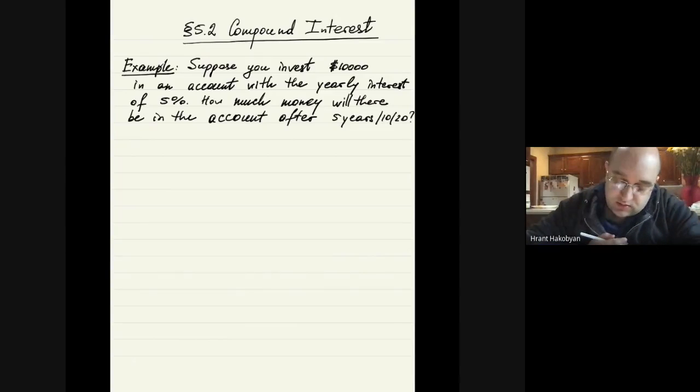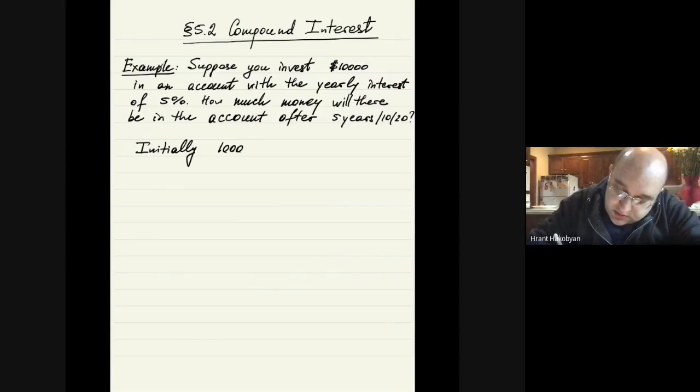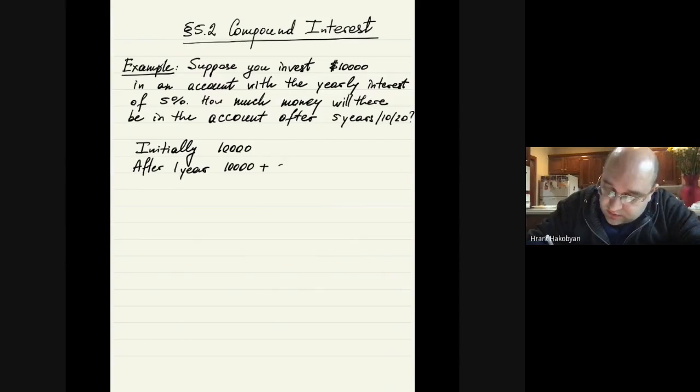So let's first figure out how much I will have after 1 year. Initially I have $10,000. So after 1 year, I will have 10,000 plus 5% of this 10,000.